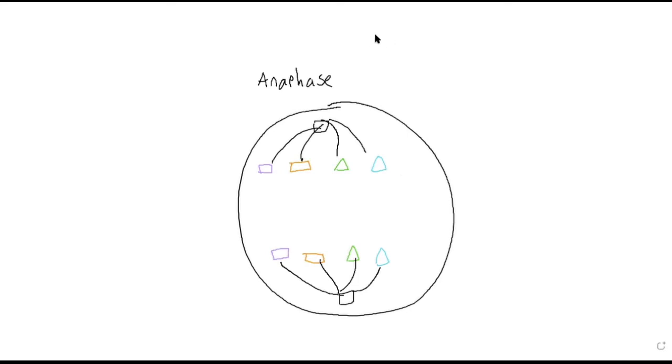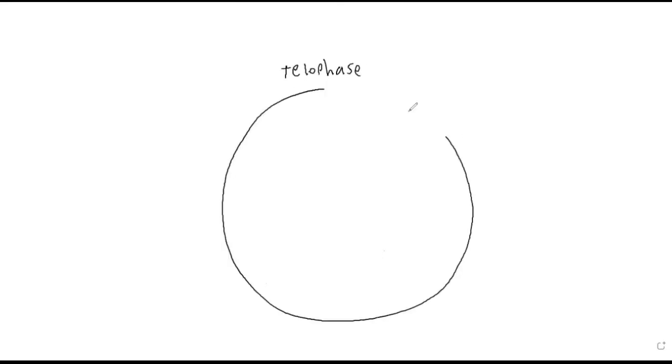Now the next phase is going to be called telophase. And in telophase, the cell is going to prepare to make 2 new cells. So if we look in telophase, here we go, big cell, we see the nucleus is starting to reform on each side of the cell.